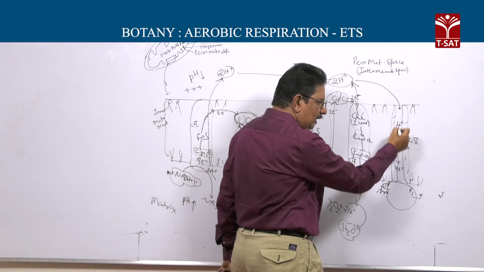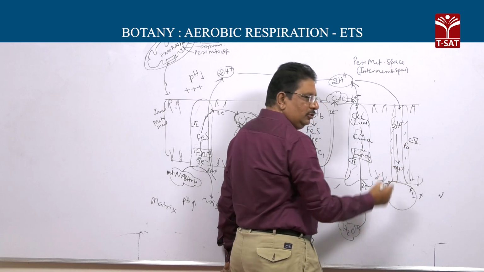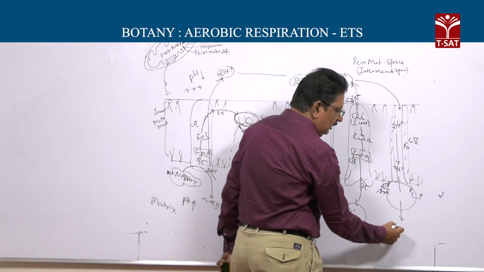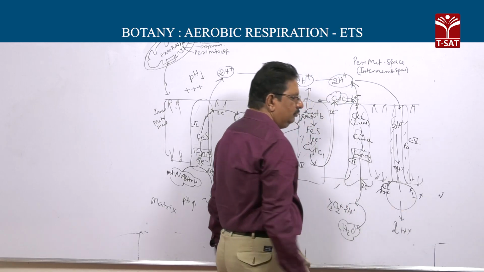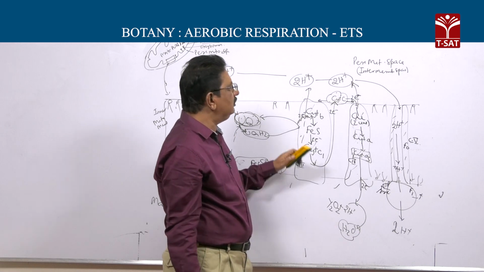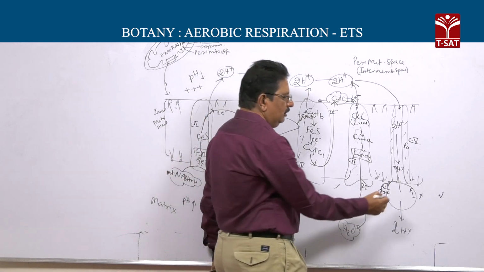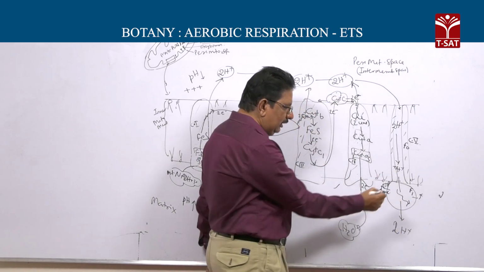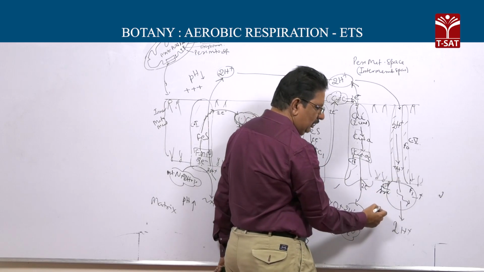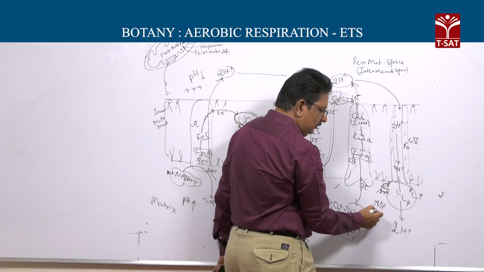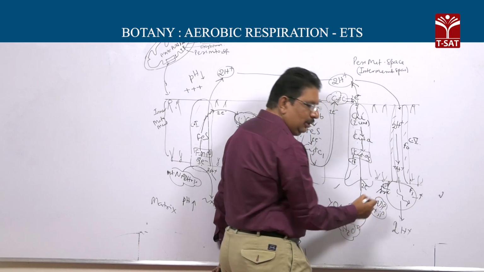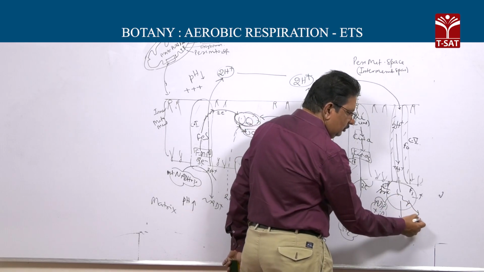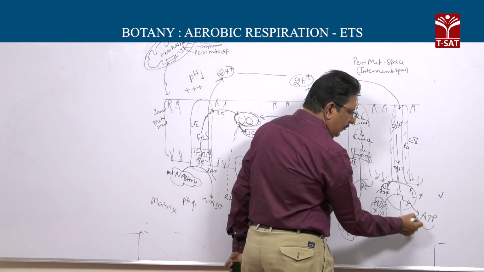So, through this channel protons are moved and finally reach the F1 particle and are released into the matrix. And protons also carry some energy. That energy is released during their exit. So, that energy liberated during the proton transfer is utilized for the formation of a bond between ADP and Pi. So, there forms ATP.